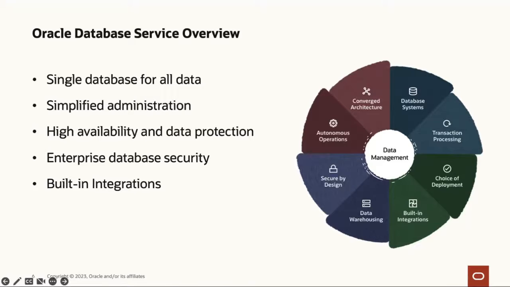And then there are a ton of different built-in recommendations in the console and different tools that will help you manage and secure your databases. Something like Data Safe is there to help you. And for built-in integrations, all databases on OCI will be integrated with the OCI REST API library, and many of them will have integration with other services as well.